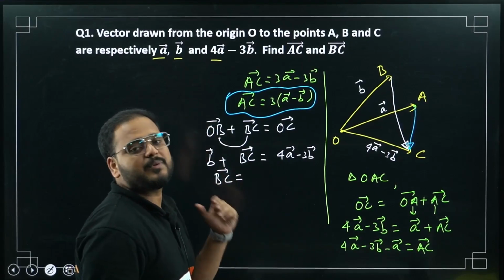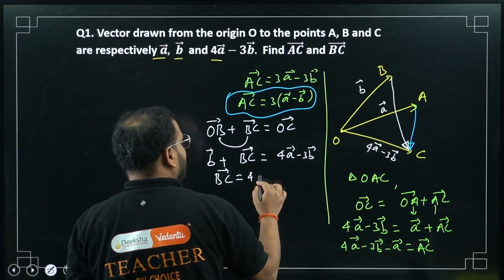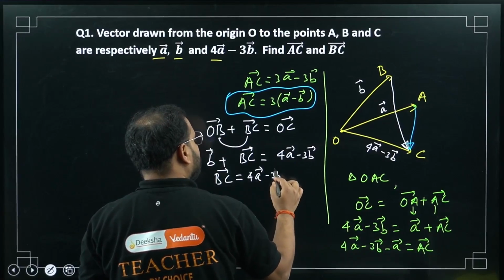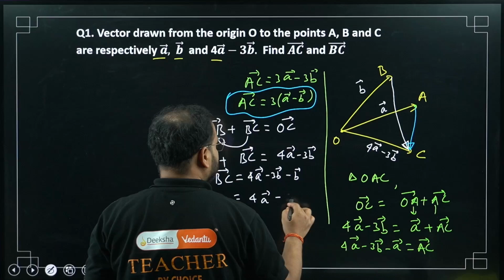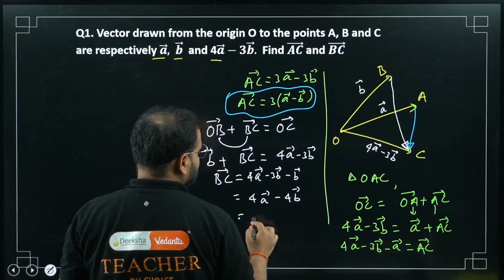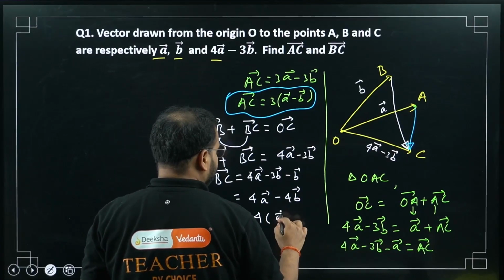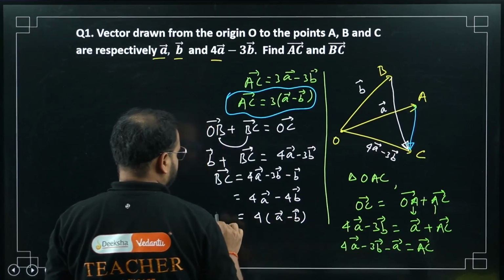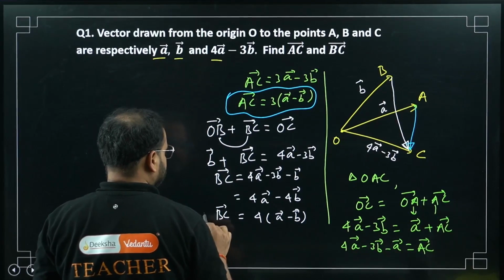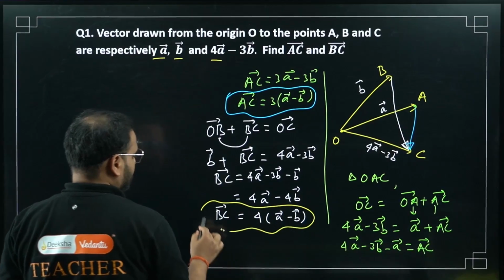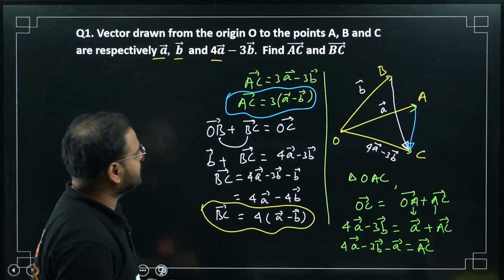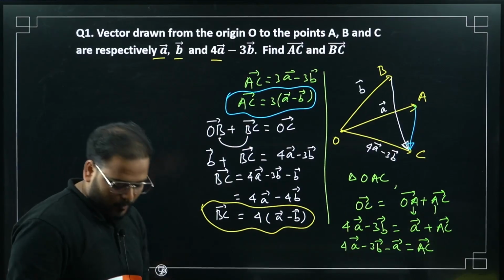Then you can speed up in the problem. So for now, 4A minus 3B minus B. What is that? 4A minus 4B. Take 4 common. This is my BC. This is your answer now. AC is this, BC is this.